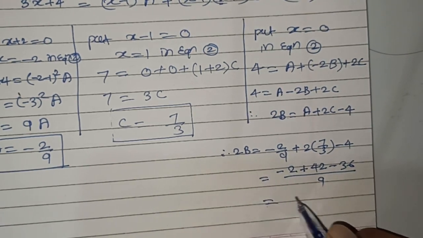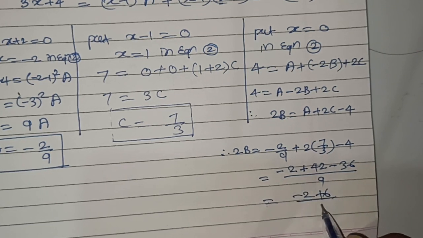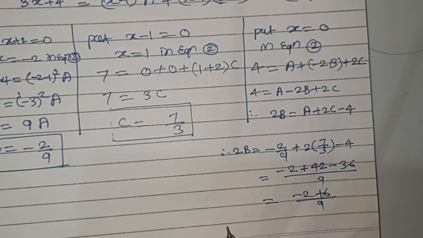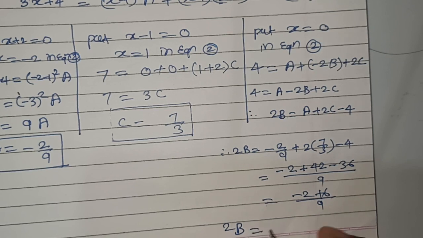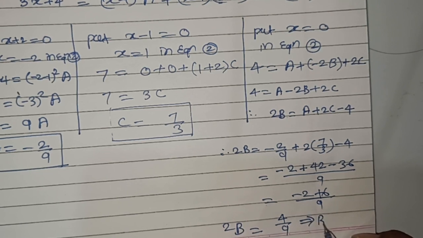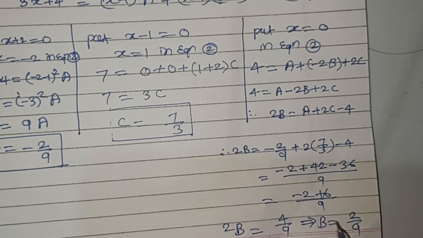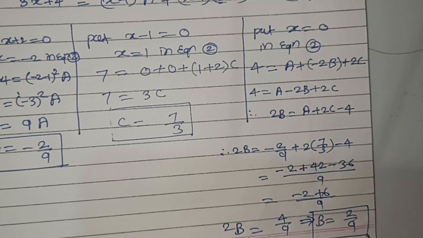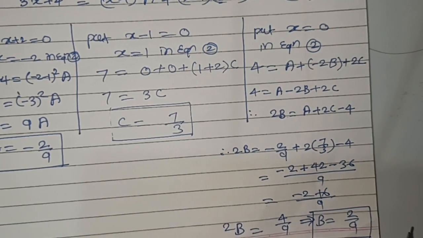So what we get here is minus 2 plus 6 upon 9, and therefore 2 times b equal to 4 by 9. This implies b equal to 2 by 9. So we got all the values of a, b and c.